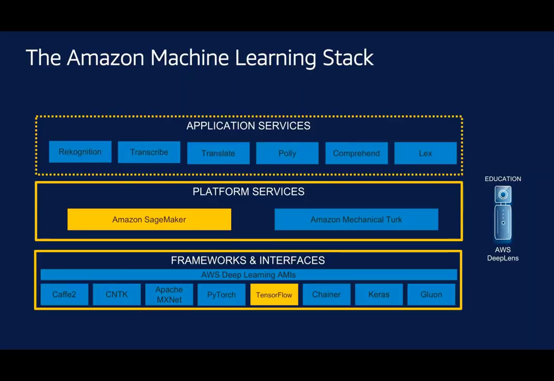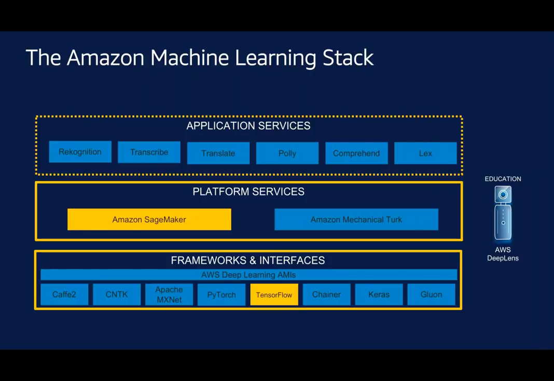And so these are higher level APIs where if you don't have your own custom data and you don't want to train your own custom model, and you're doing common machine learning stuff such as translation from one language to another, or text to speech, or transcribing a voice into text, or detecting common objects within images, you can use some of these higher level services to do that.